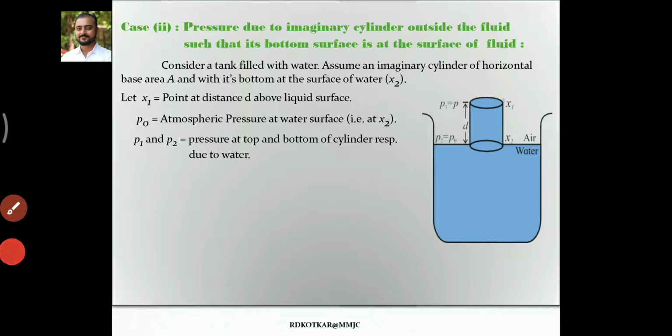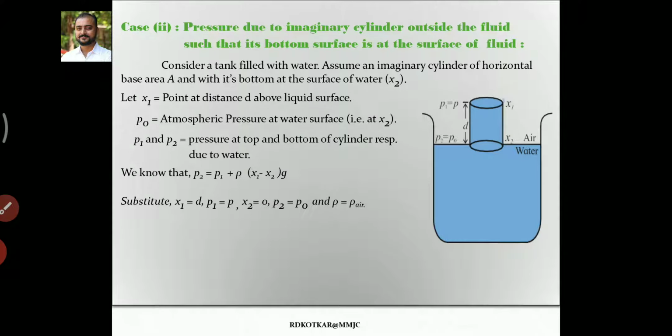P1 and P2 are the pressure at the top and the bottom of the cylinder respectively. P1 should be present at the top and P2 at the bottom. As we know the formula from the previous case, P2 is equal to P1 plus rho into (x1 minus x2) into g. By substituting the values, x1 equals d.